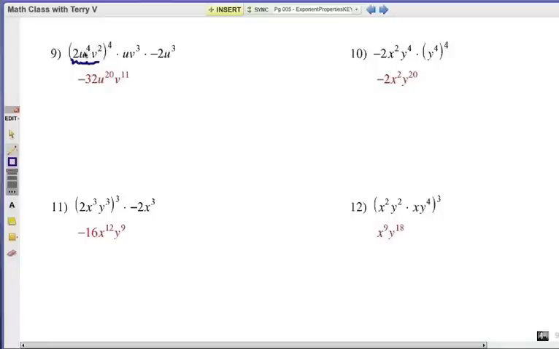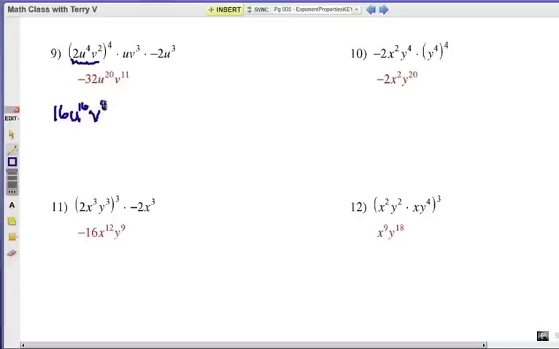Now instead of writing out 4 groups of this and multiplying it out the long way, let's go ahead and use the shortcut of doing powers of powers. So 2 to the 4th power has got to be 16, right? Because that's 2 times 2 times 2 times 2. And then u to the 4th power to the 4th, we multiply the exponents, that's u to the 16th. V squared to the 4th power is v to the 8th.